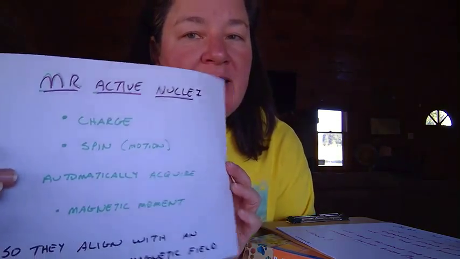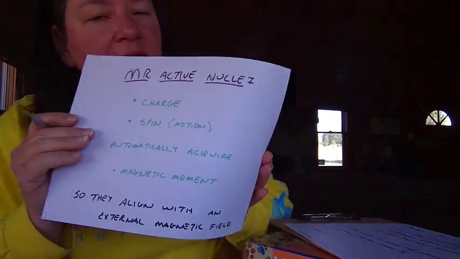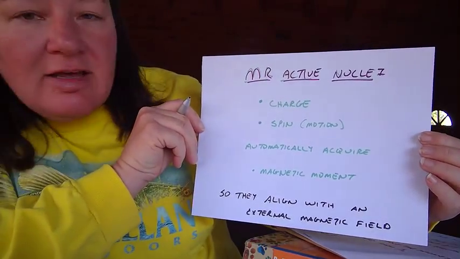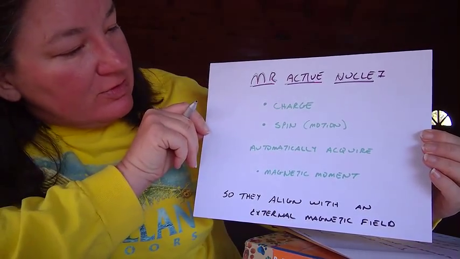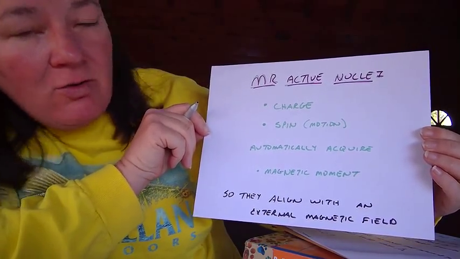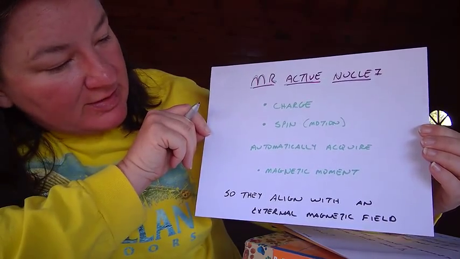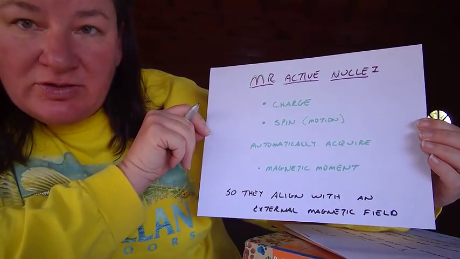So let's review, as all this is starting to ball up. First thing, remember the MRI active nuclei: they have a charge, and a spin, which means they automatically acquire a magnetic moment, so they align with the external magnetic field.